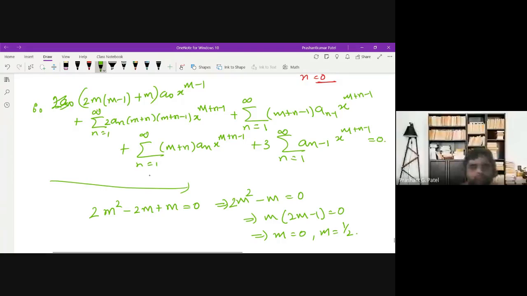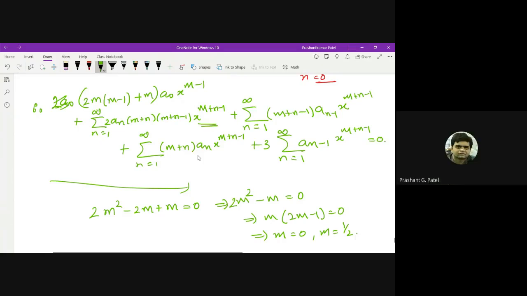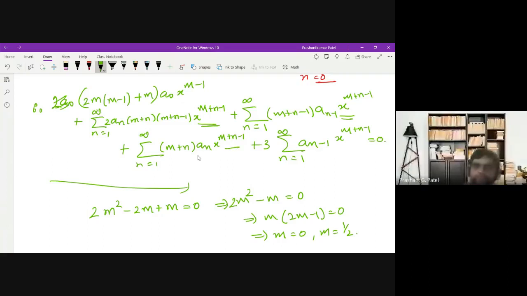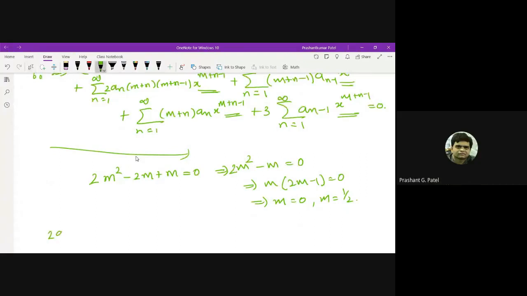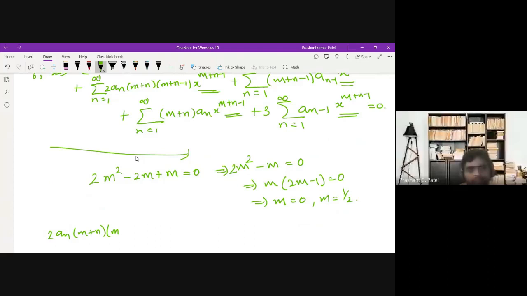And what are the other terms you can have? The other terms that you can observe are of the power x power m plus n minus 1, and all of them are there. So hence the recurrence relation we can have, let me write down, that is m plus n, m plus n minus 1, that is the first quantity you have from this.